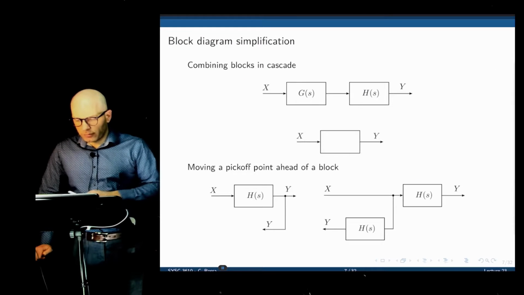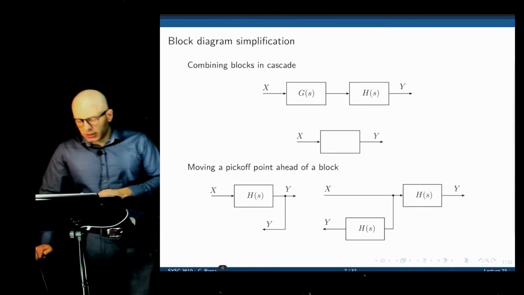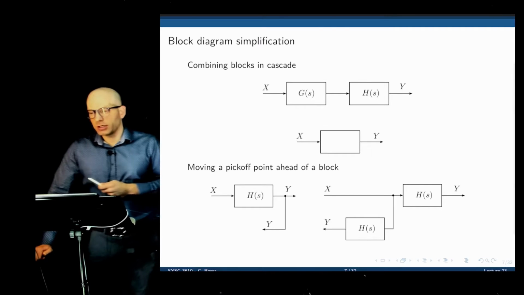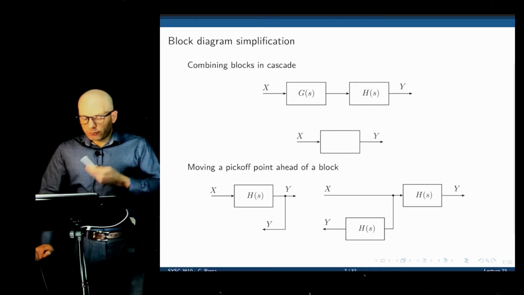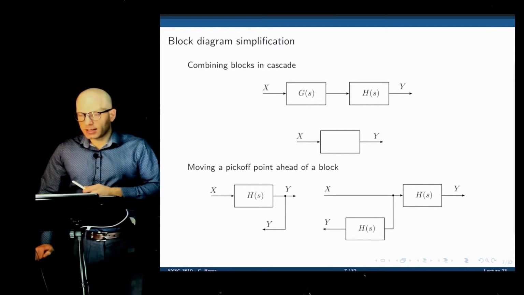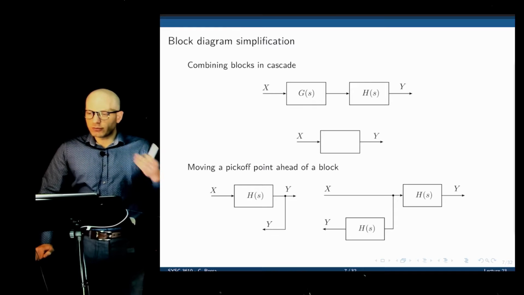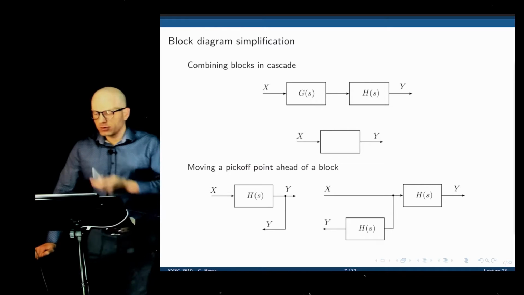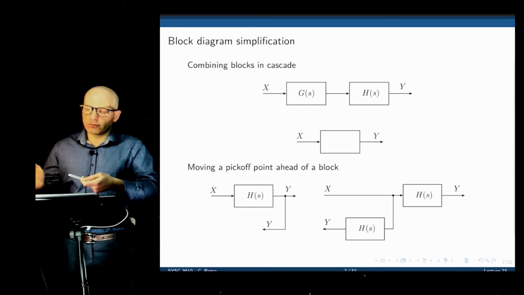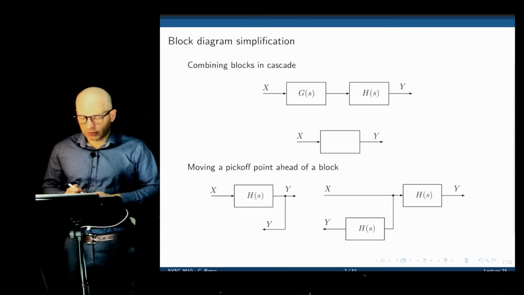So let's move on. Now let's start looking at the basic operations that we can use to simplify the block diagrams. The first one, we use this many times, is to combine blocks in cascade. So here we have two transfer functions along the same line, g and h. The input is x. We pass that through the first transfer function, then the second transfer function.